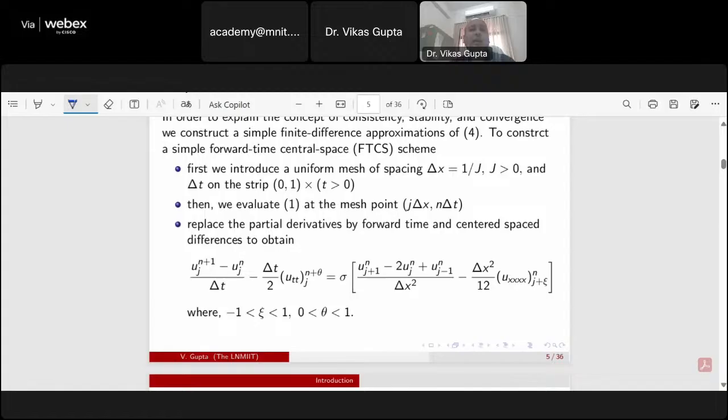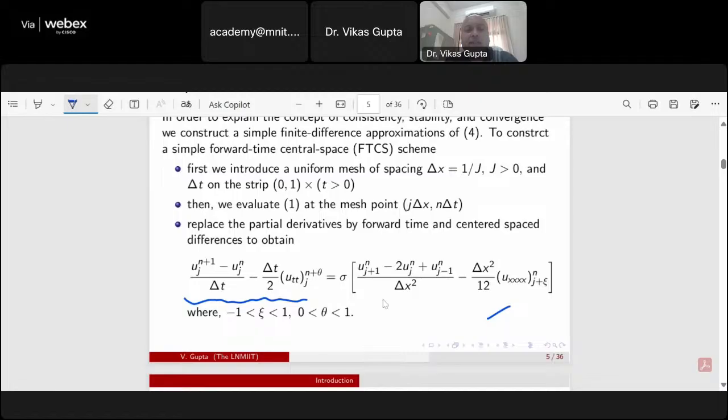To construct this finite difference scheme, we replace the partial derivatives by forward time and central space differences to obtain this one. Note that first the time derivative we are replacing with this forward difference approximation. This is the truncation error term in our approximation while we replace u_t by this forward difference approximation.